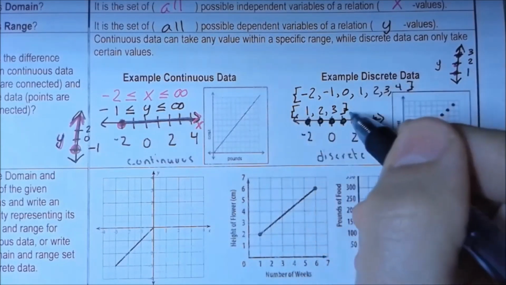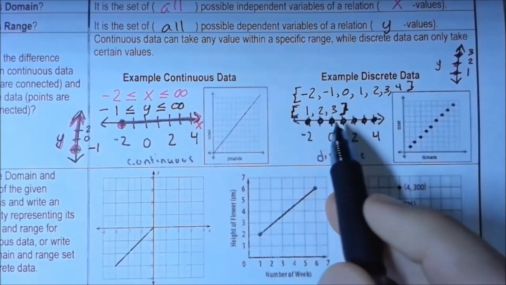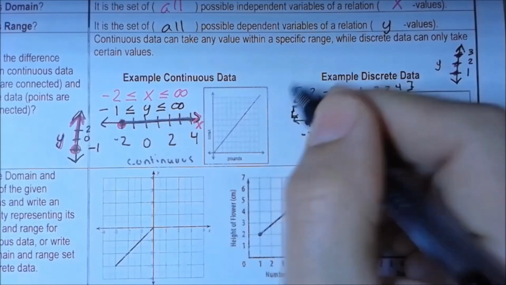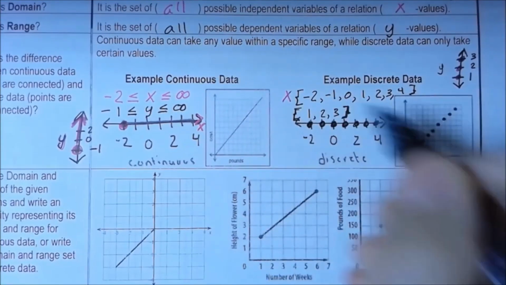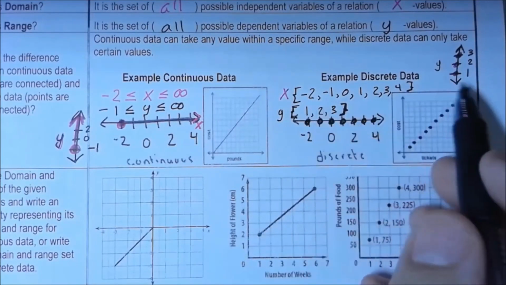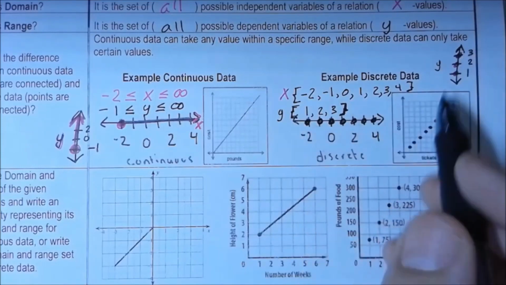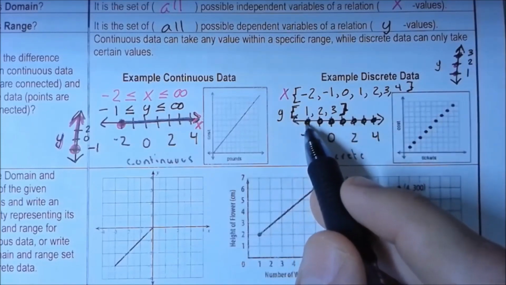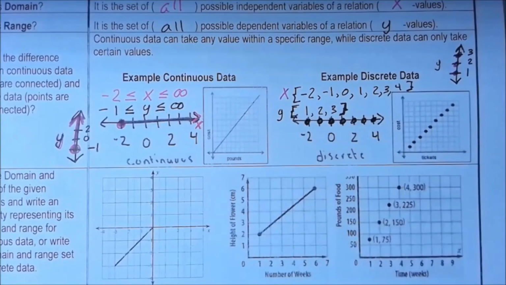That's a crummy looking bracket, but keep in mind that the domain up here is our x, which I should have put in pink, but I put it in black, and this is our range, our y values. We're literally just listing the values of y that are on the number line, going vertically, just like we'd list the values of x going on our x-axis, which would be horizontal.